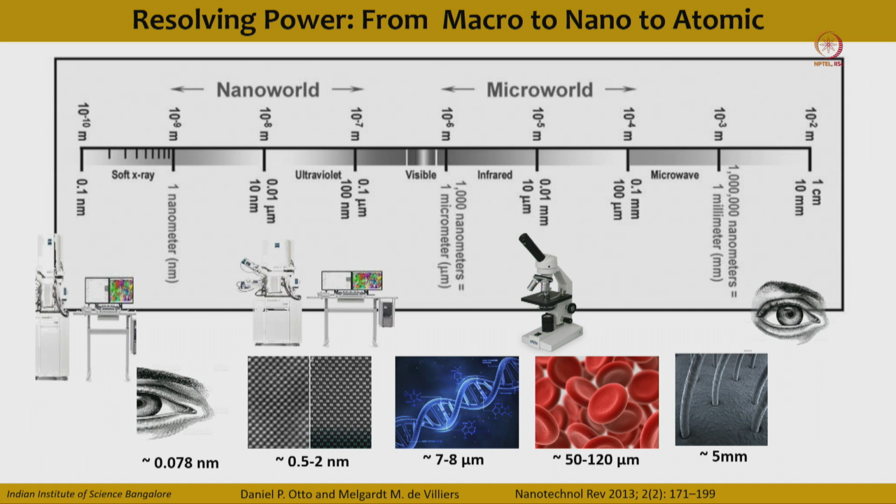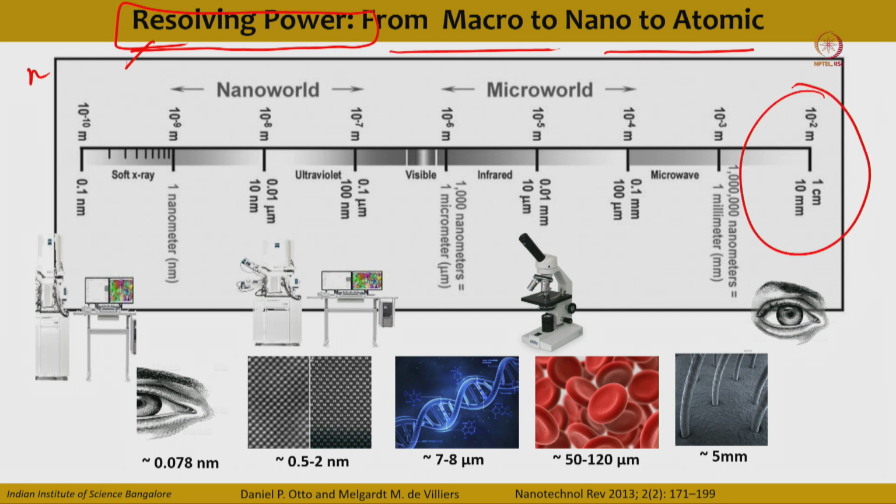As we see, this is related to the resolving power. I will come to the definition of resolution later. So this is from the macro to the nanoscale. At the centimeter and millimeter scale we can see the features by the naked eye, like the hair.